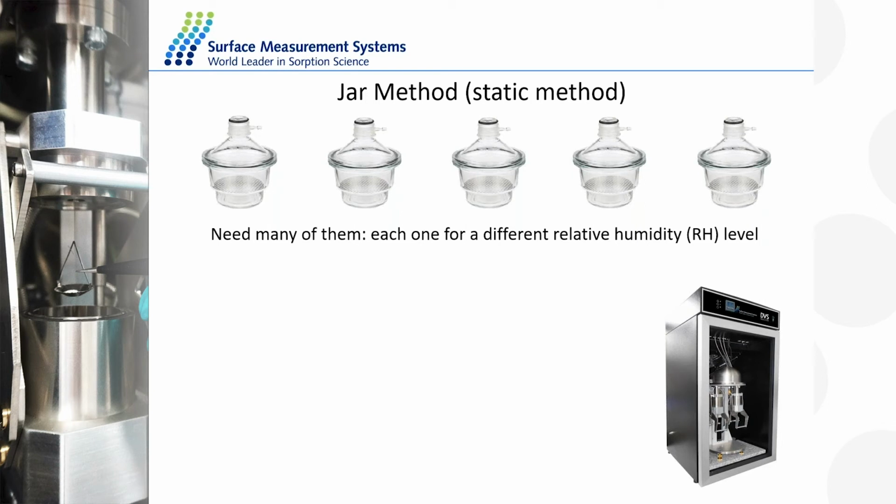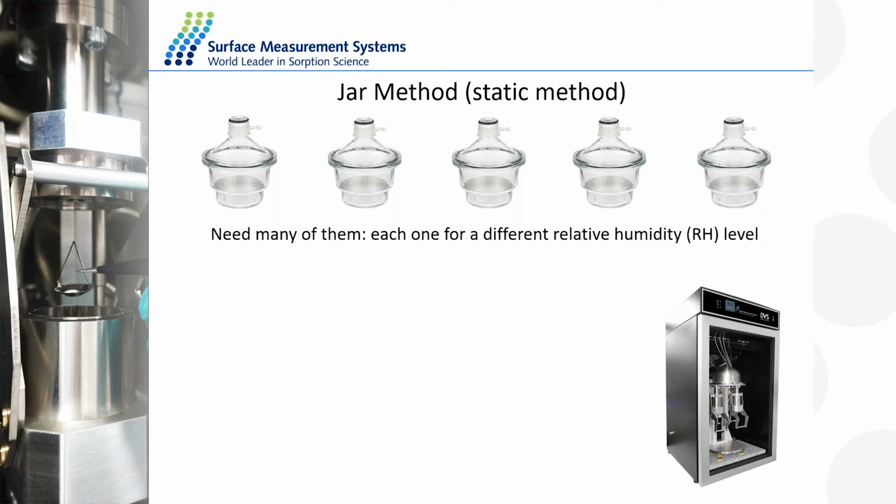We start from a historical method, which is based on using a desiccator to identify how many molecules of water will absorb inside a sample. In a series of desiccators, I will put at the bottom a series of salts in a saturated solution that generates a constant level of relative humidity. So I will have lithium chloride that generates 11%, sodium chloride that generates 75%, and so on and so forth.